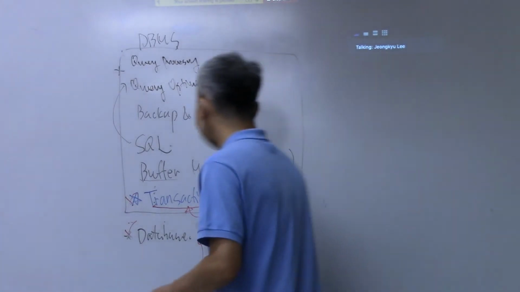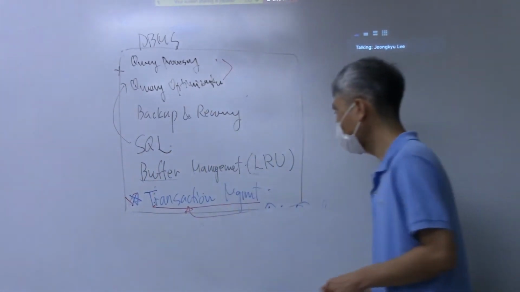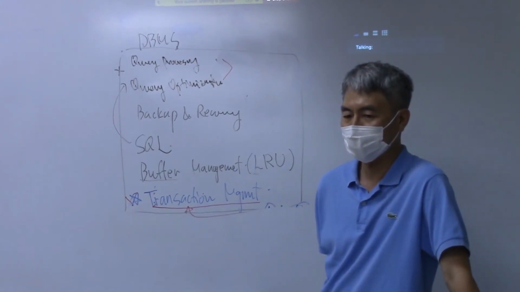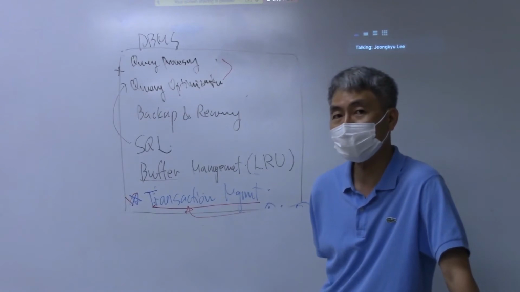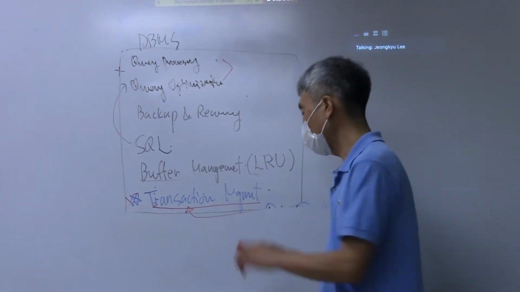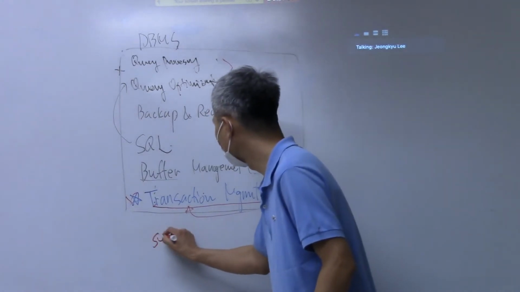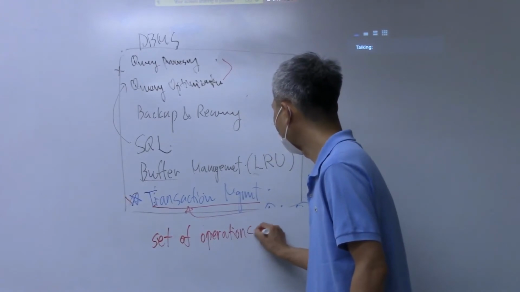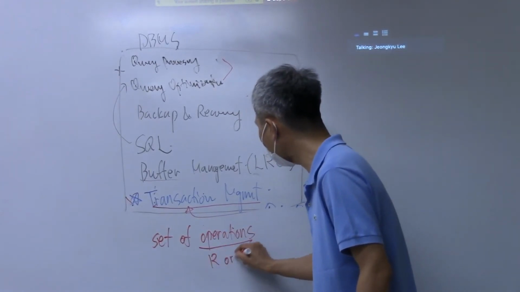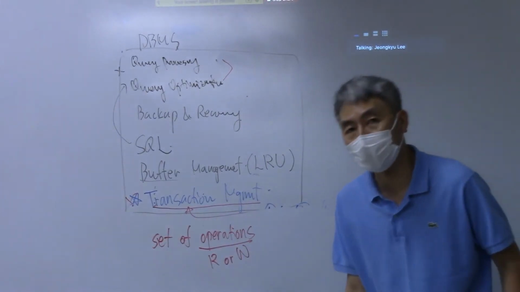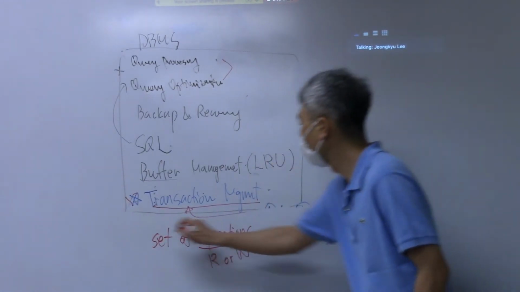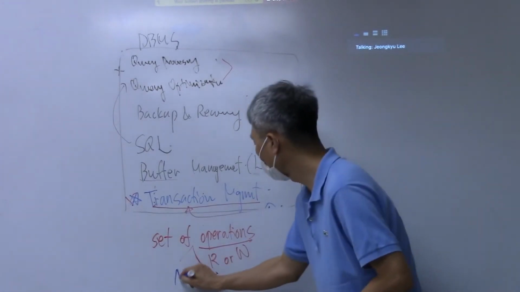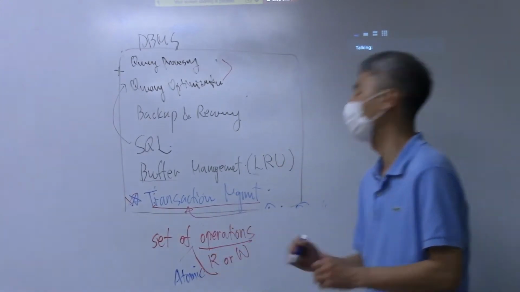Then, what is a transaction? A transaction is a set of operations. Operation means read or write. It's an atomic operation.